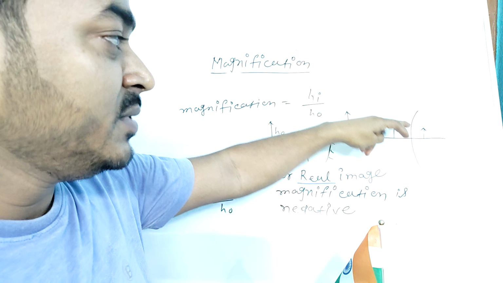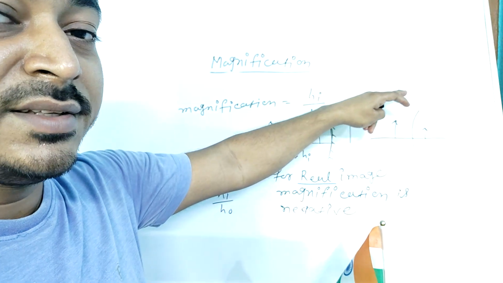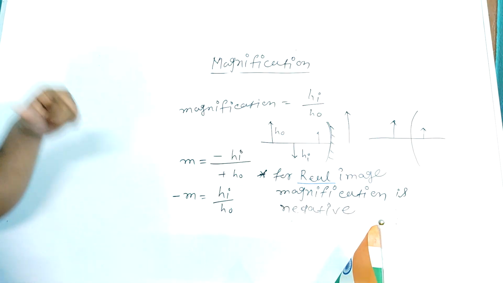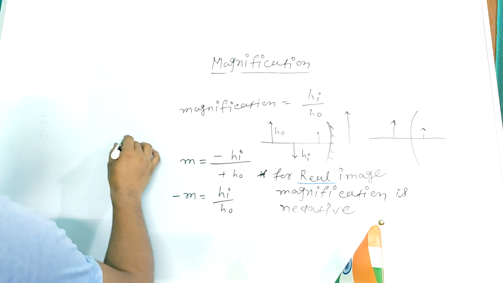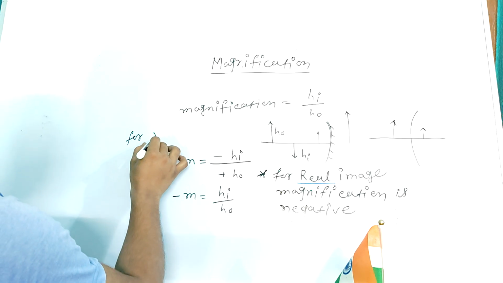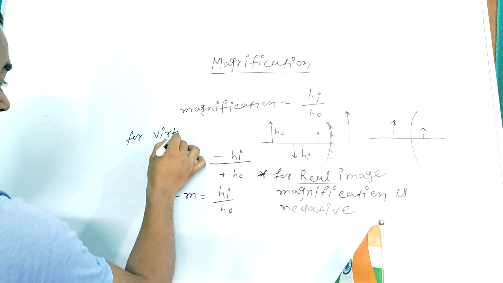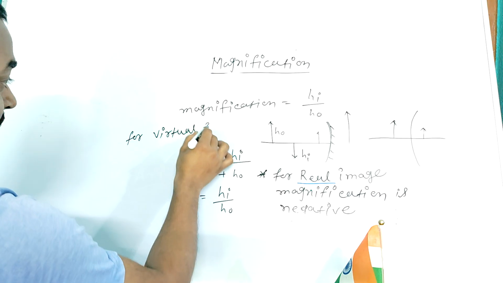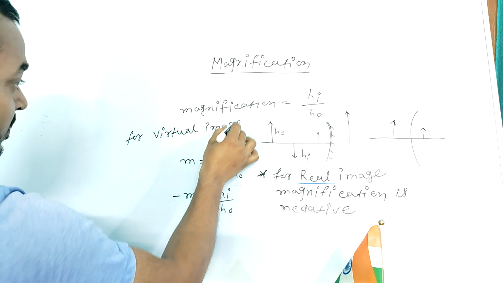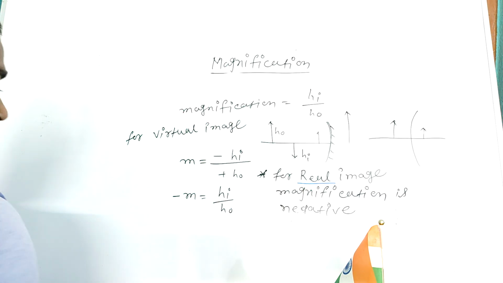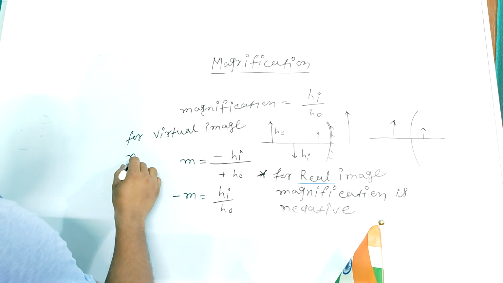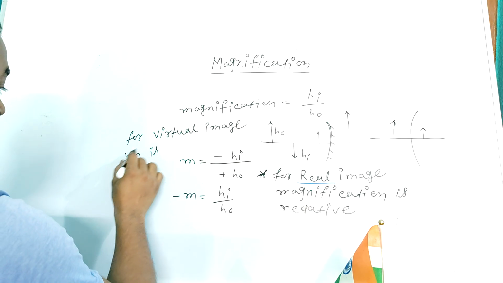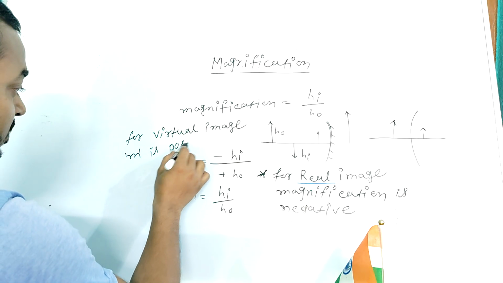So for virtual image, write another point. For virtual image, magnification M is positive.